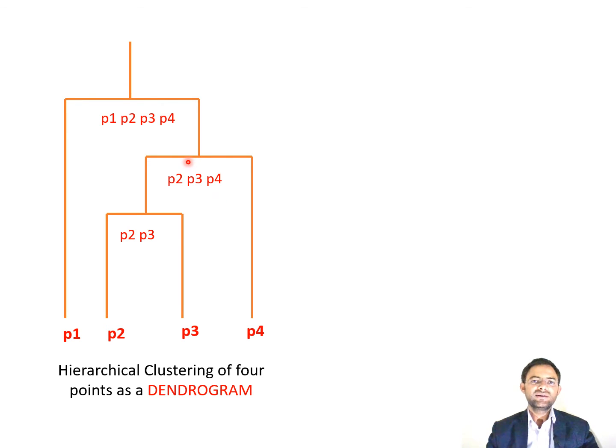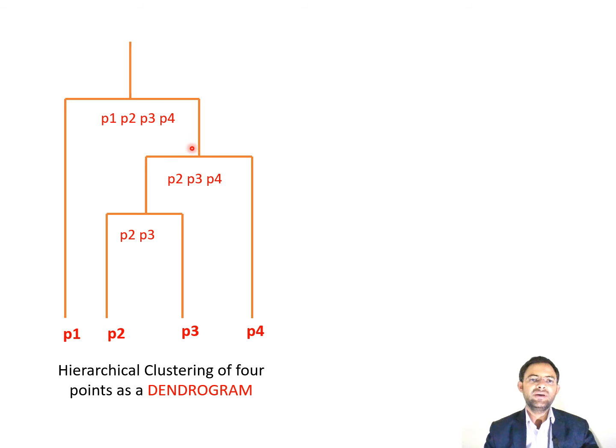And finally, we have to draw again a line to make another group, and here this line forms a group of P1 and P2, P3 and P4.